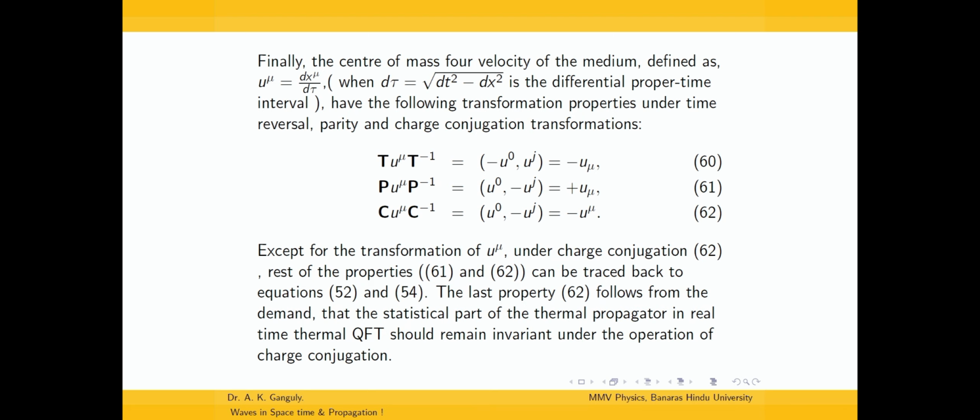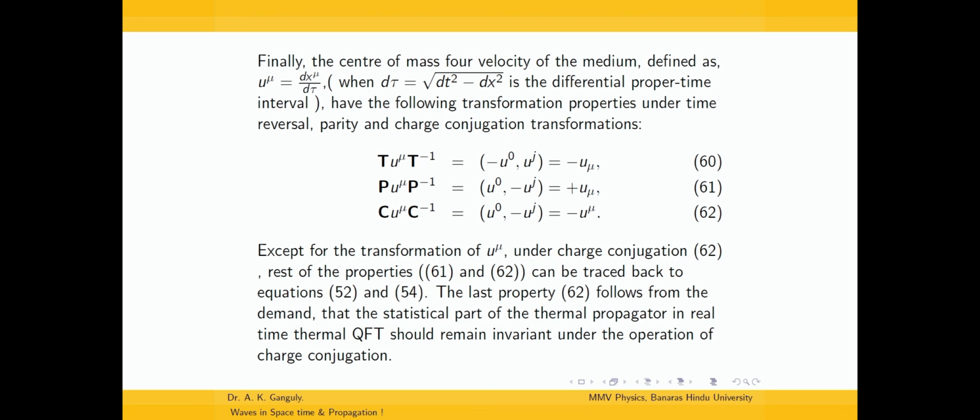Okay? And if that is the case, we might as well find their transformation properties in a rest frame, because that's simpler, and generalize the transformation property for any frame. The definition of this thing that goes by the name center of mass 4 velocity is defined in terms of a parameter that's called usually proper time interval.